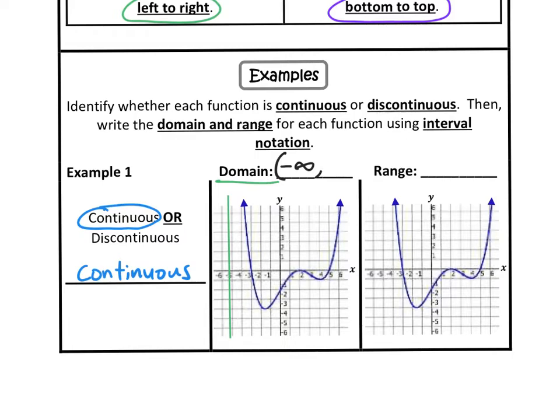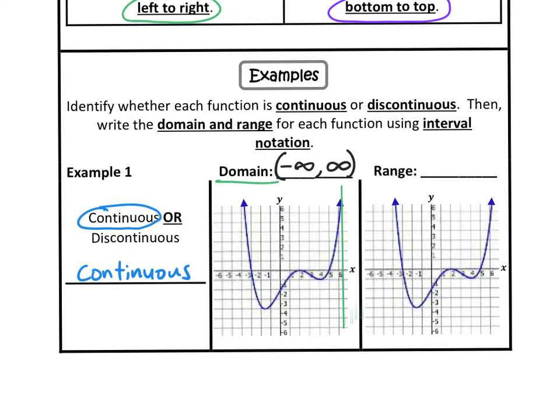So negative infinity is where it starts on the left, and what's the farthest to the right that the graph will go? If I'm scanning, what does the arrow mean? Towards infinity. So all the way to the right towards infinity, and for infinities we use parentheses.